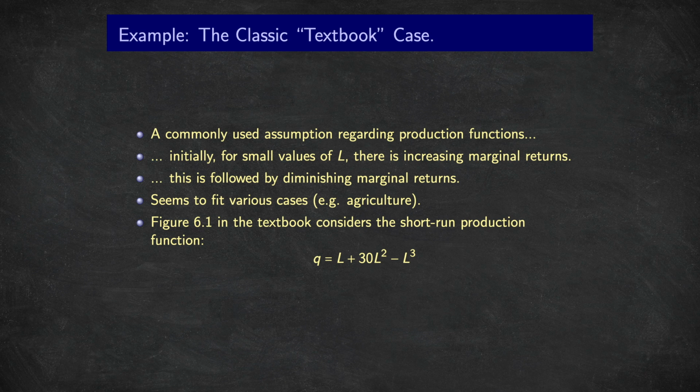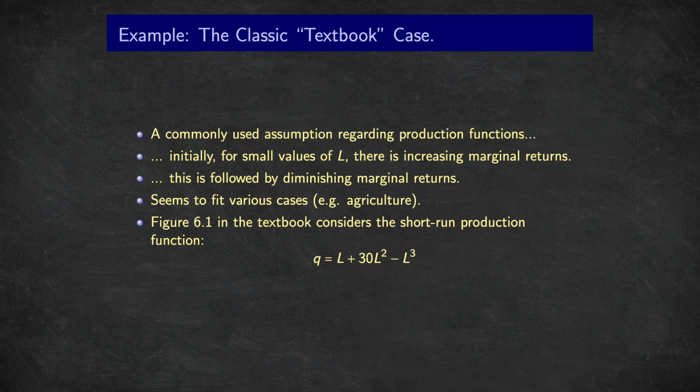In the textbook, a short-run production function, which is a cubic function, seems to exhibit these properties. So let's have a look at this in more detail: a short-run production function of the type Q is equal to labour L plus 30L squared minus L cubed. If we were given a short-run production function like this, could we produce a set of diagrams, one of the short-run production function itself, one of the marginal product of labour, and one of the average product of labour?